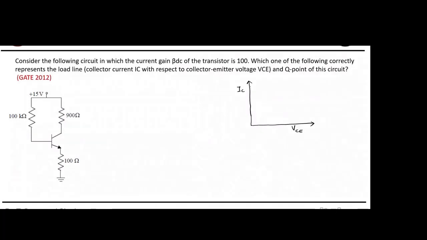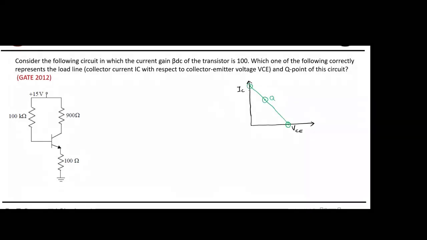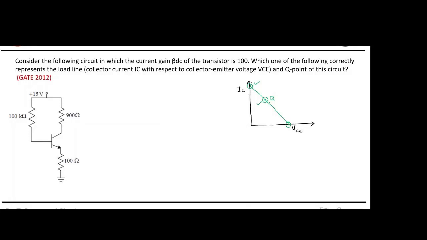The graph will look something like this. We have to identify this point, as well as another point known as the Q point. If you can identify these, then you have the information of the load line and the Q point of this circuit. On the y-axis is IC, and on the x-axis we have VCE.